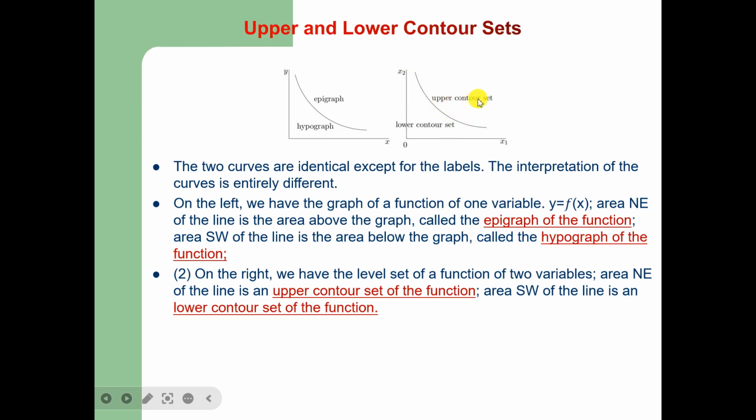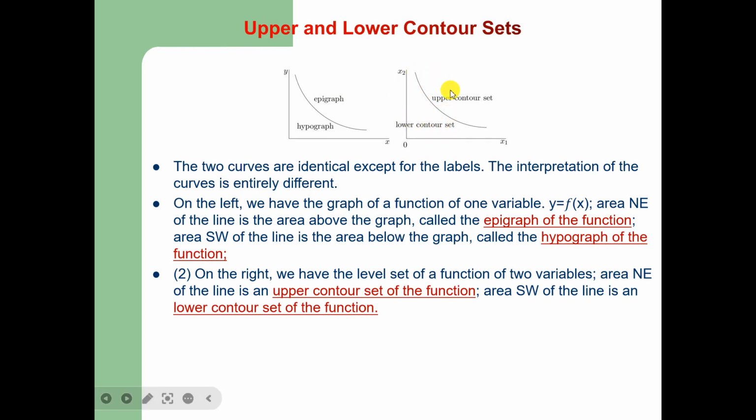Now the area in the northeast, that is above this indifference curve or above this line, is known as the upper contour set of the function. On the other hand, the area in the southwest, that is the area below this indifference curve or this level set, is the lower contour set of the function.